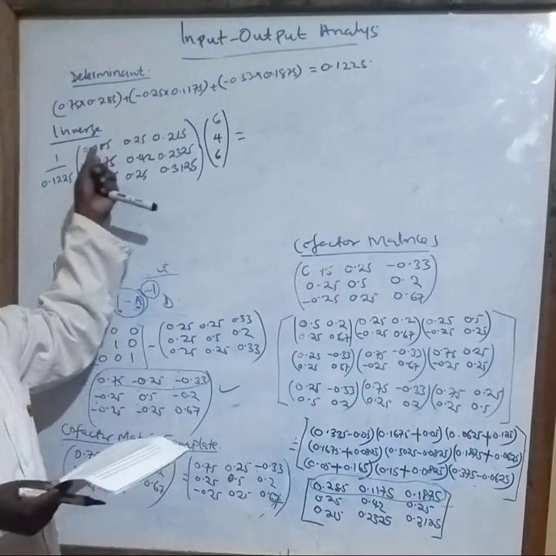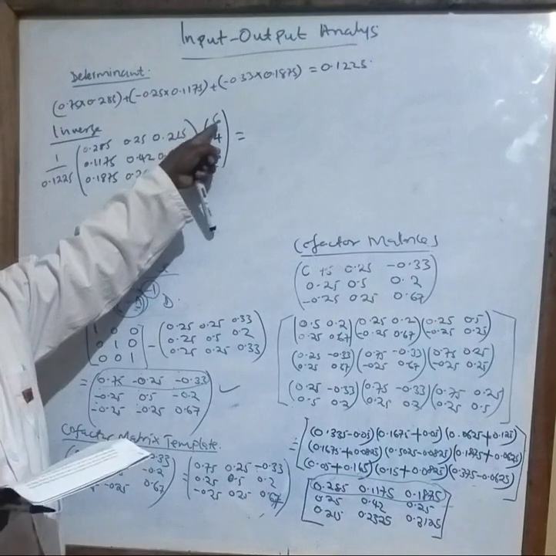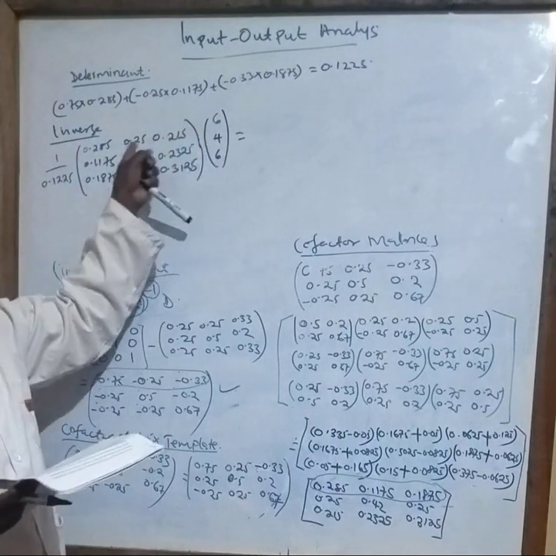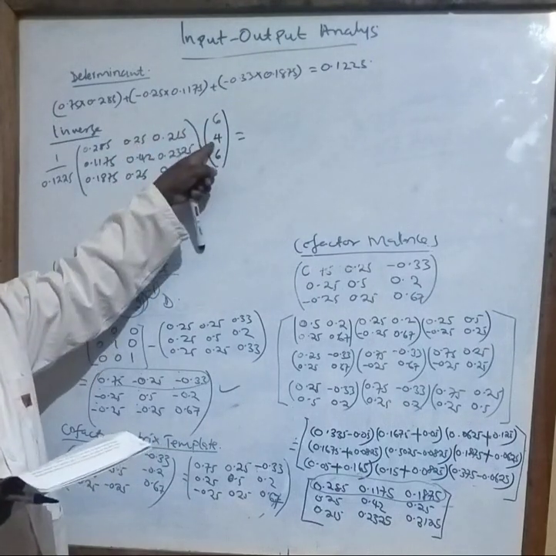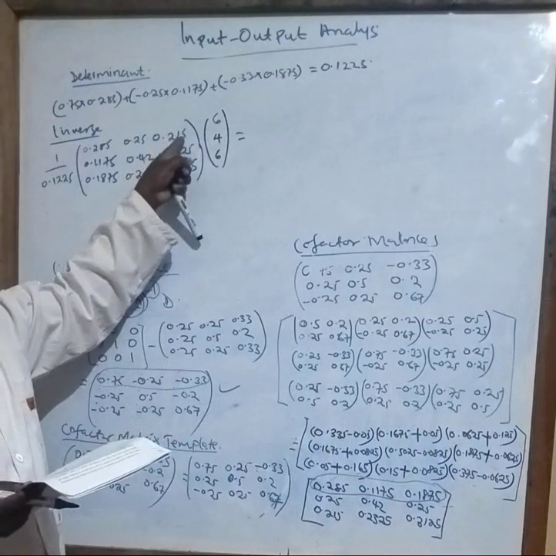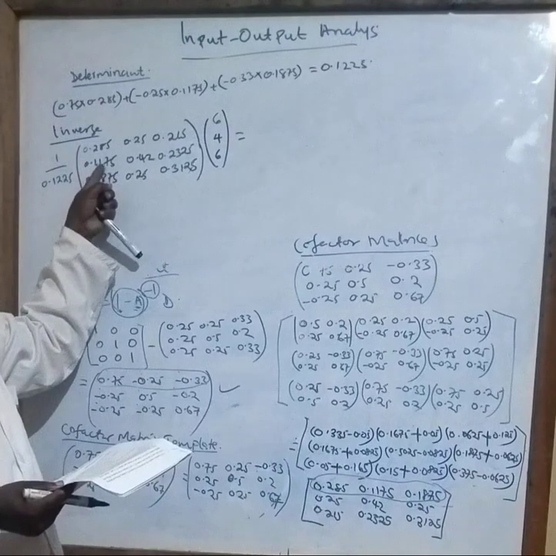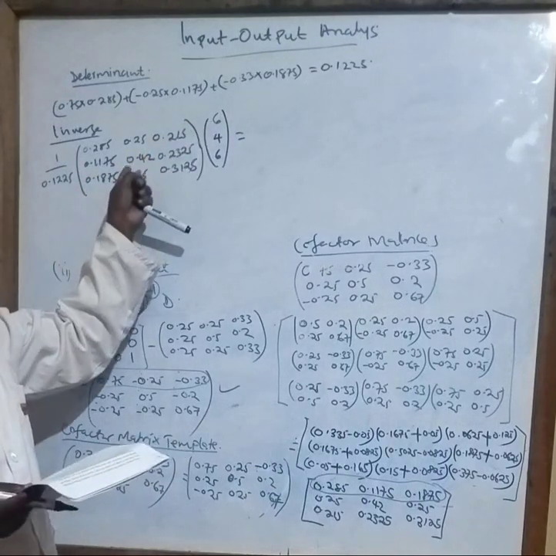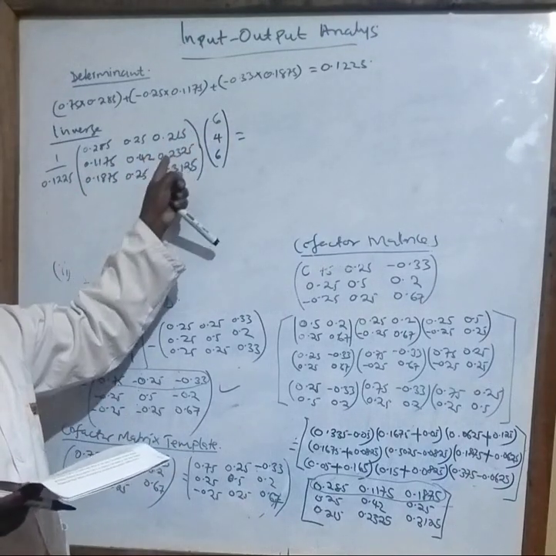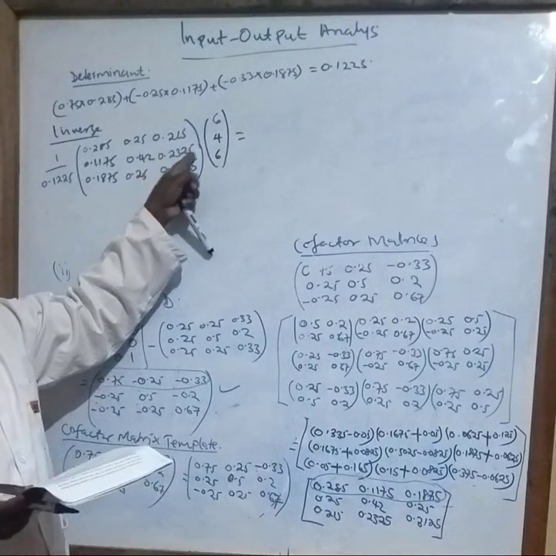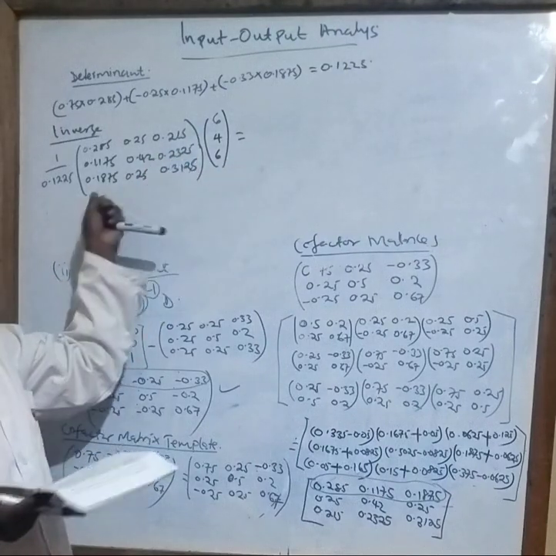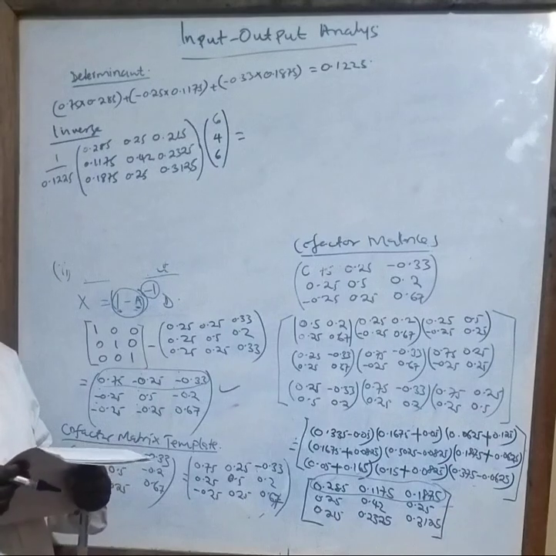How do you go about it? 0.285 times 6 plus 0.25 times 4 plus 0.215 times 6. You get the answer. Then 0.1175 times 6 plus 0.42 times 4 plus 0.2325 times 6. You get the answer. And then also applies to the final.